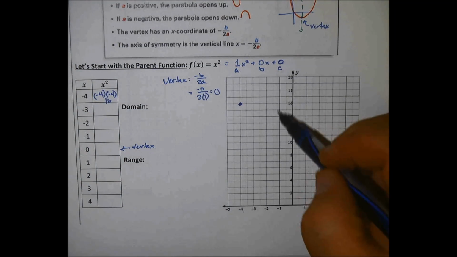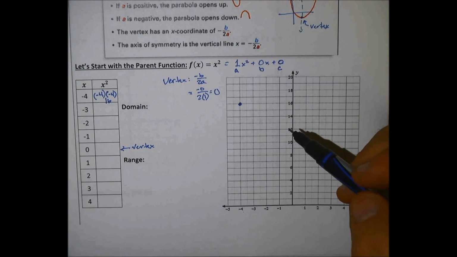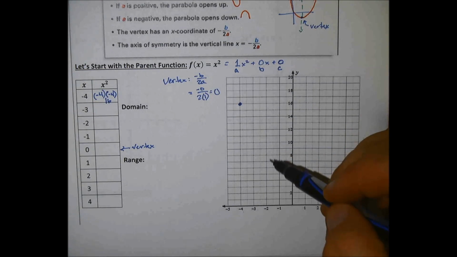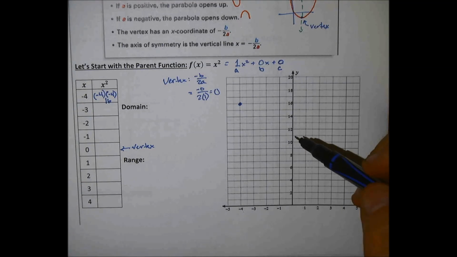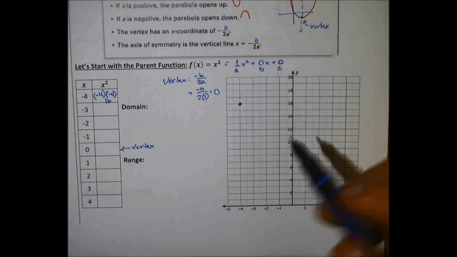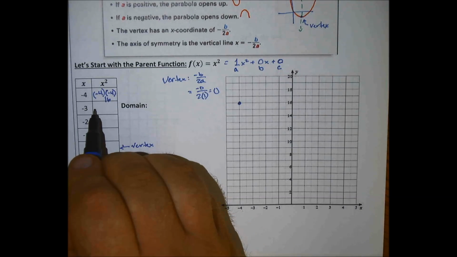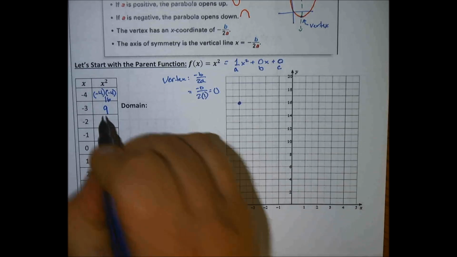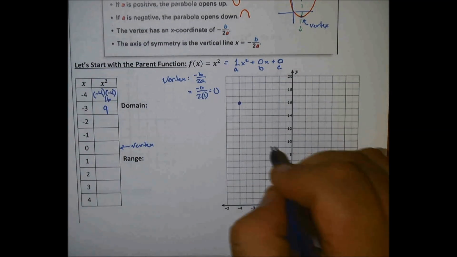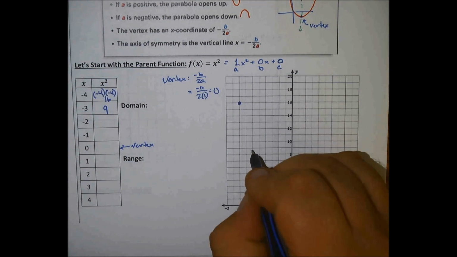Okay, you can't see them as well in the video, but there is another square in between 0 and negative 1. At negative 3, so what's negative 3 squared? Well, that's negative 3 times negative 3, which is 9. So at negative 3, it's 9. That's going to be right here.